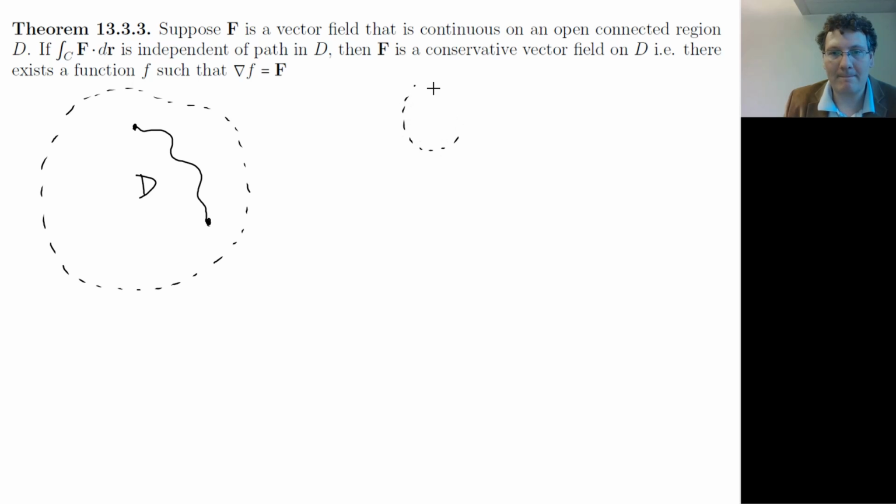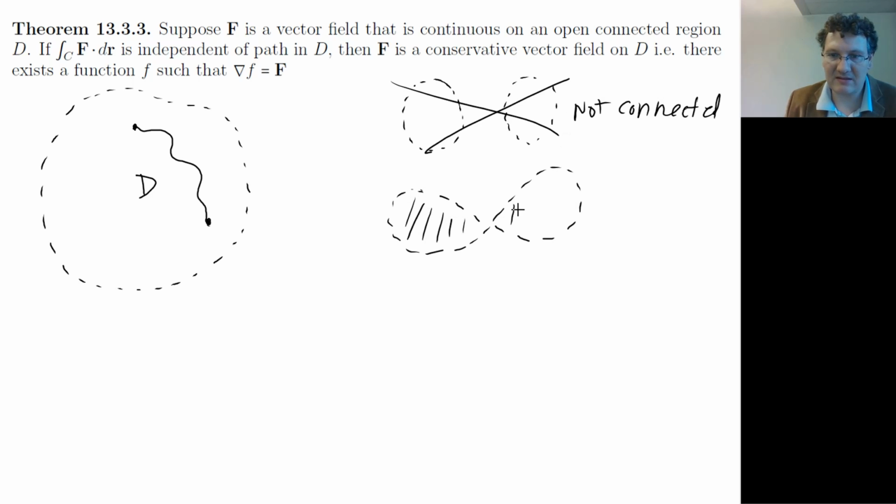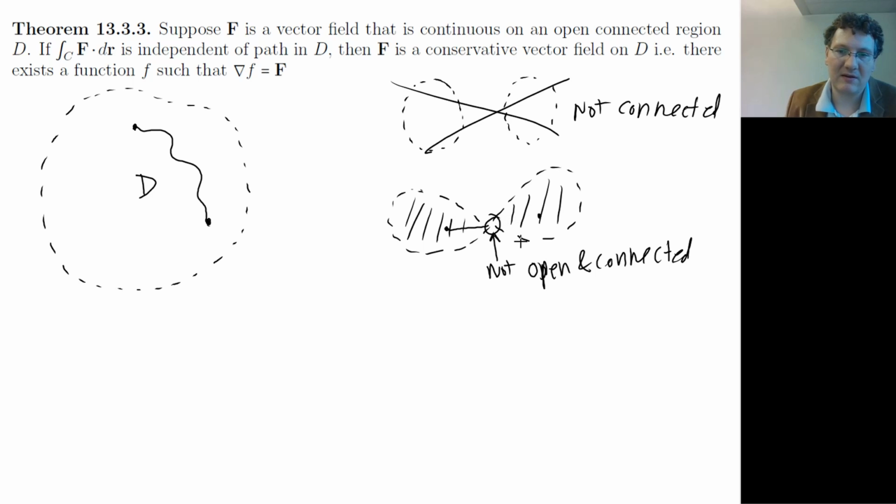This would not be connected. And something like this would not be either, although you could see that they're kind of touching, because it's got an open boundary, it's not open and connected. You can't go from this point to this point to here without leaving the region, because the point where those dotted lines intersect is not in the domain.